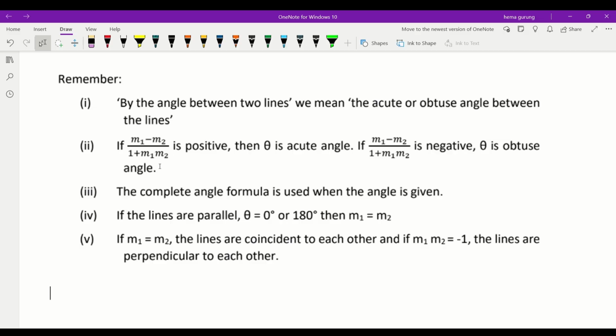The formula is used when the angles are given. If the lines are parallel, that means the possible angle is 0 degree or 180 degree. At those conditions, m1 equals to m2. And for the second condition, when the lines are perpendicular, then we have m1 m2 equals -1.